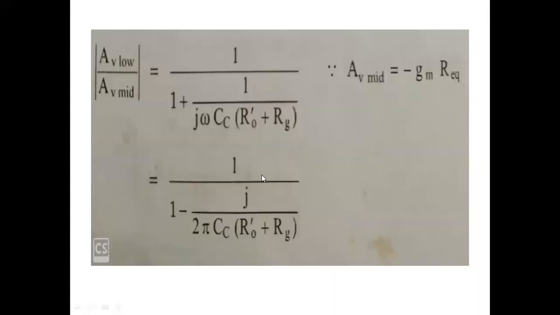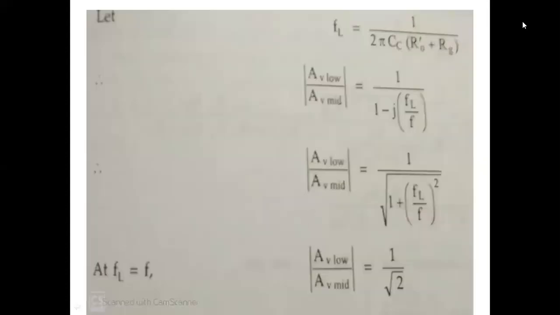Just taking the remaining term without f, let it be considered as FL equal to 1 by 2 pi Cc R naught dash plus RG. So in place of 1 by 2 pi Cc R naught dash plus RG, we can substitute FL.